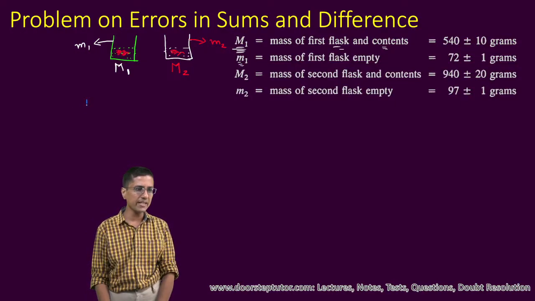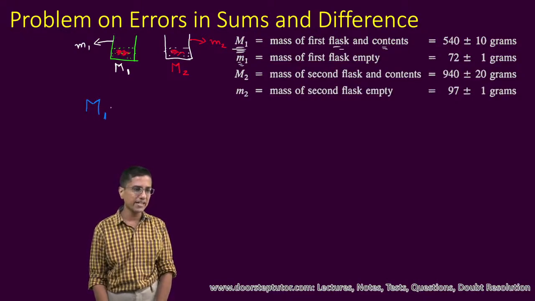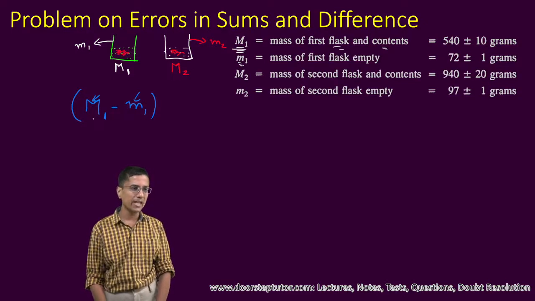That would of course be the mass of the contents in the first flask, which is M1 minus m1. If I subtract from the total mass the mass of the flask, then I will get the mass of the contents, plus I will add it to the mass of the contents in the second flask.